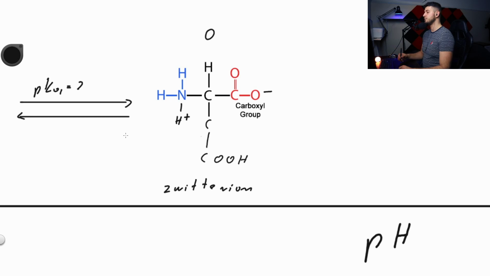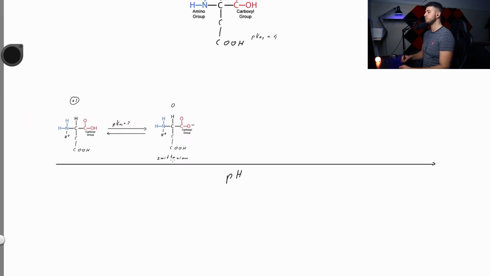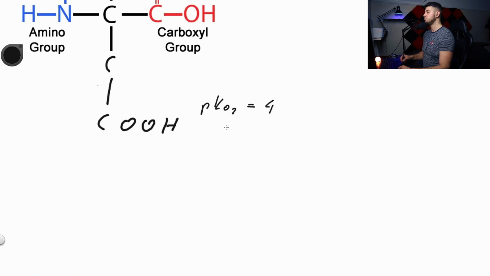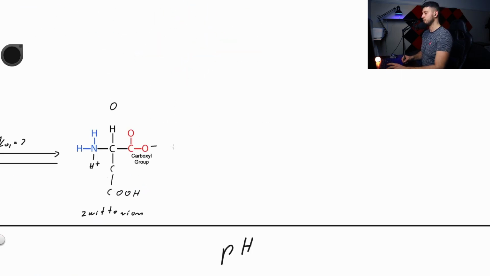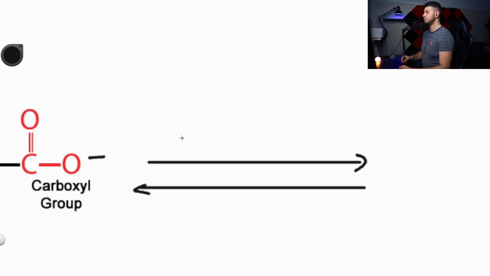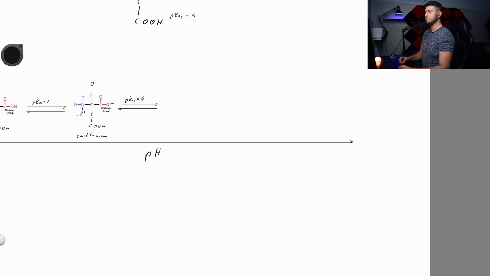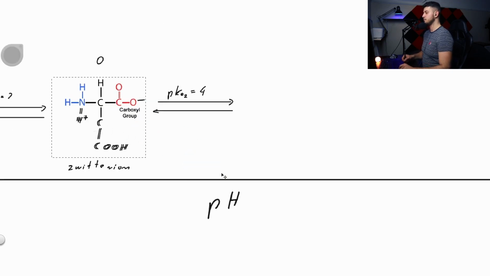That will be the form of our interest if we're about to calculate the pI. But let's take a look further. What happens if we go further? The next higher pKa would be this one, pKa 2, which is 4. Let's take a look. Let's copy this one.